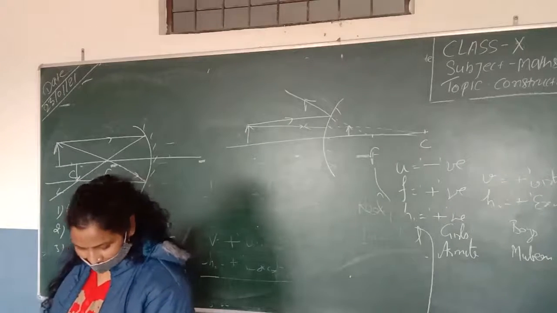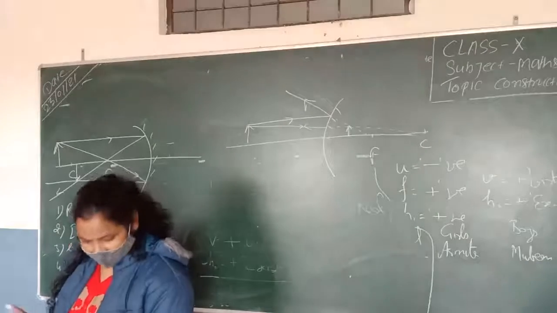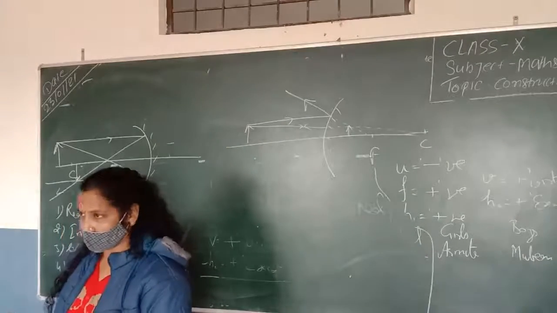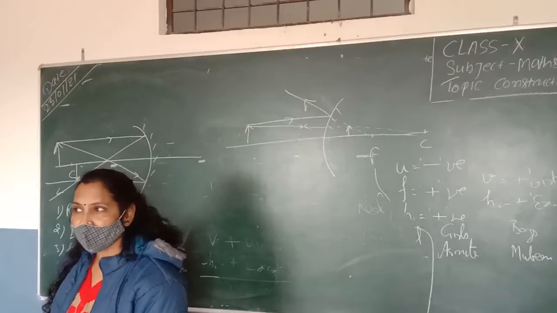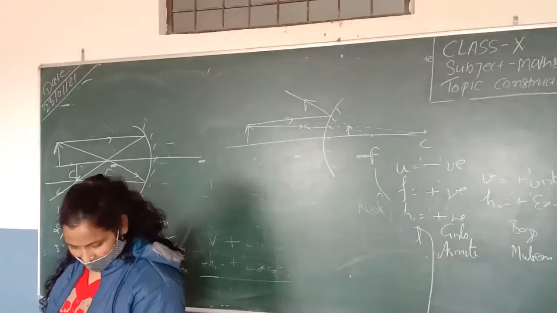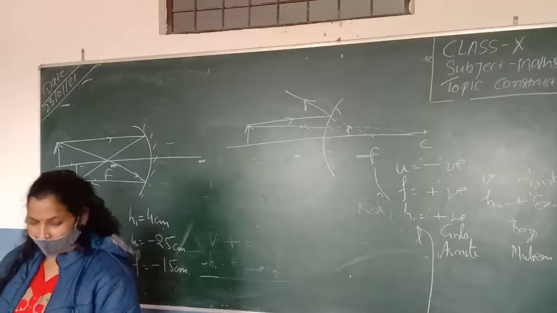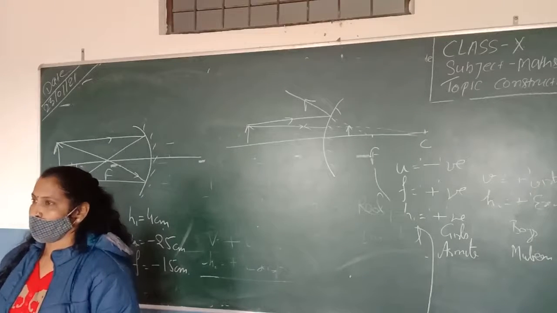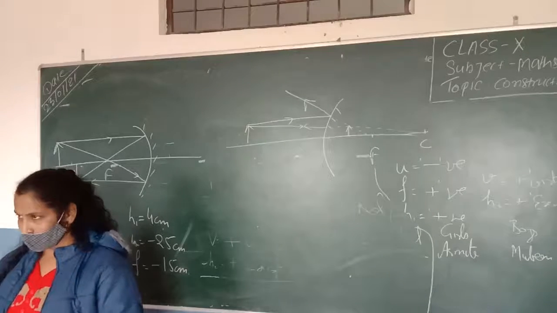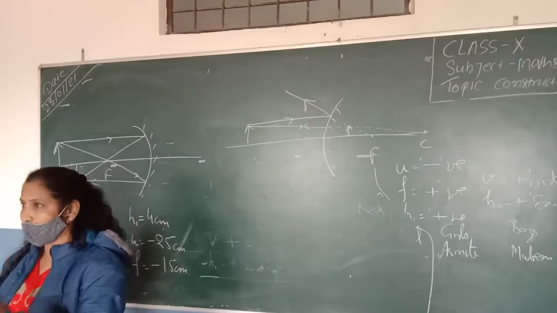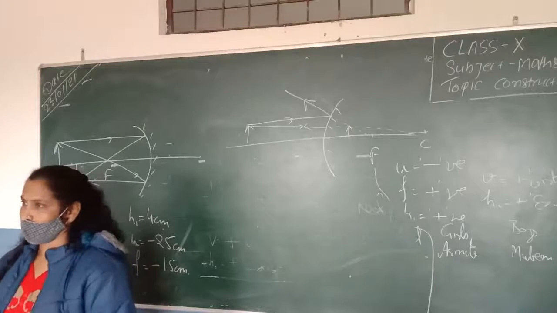So in the first case, Ayush: at what distance from the mirror should a screen be placed in order to obtain a sharp image? So what do we have to find here? You want a sharp image of the object, so the question is asking where the screen should be placed.